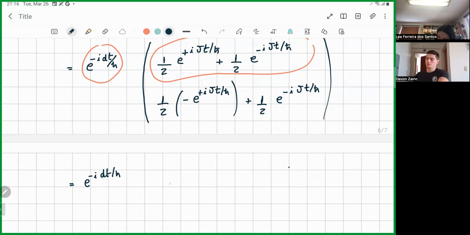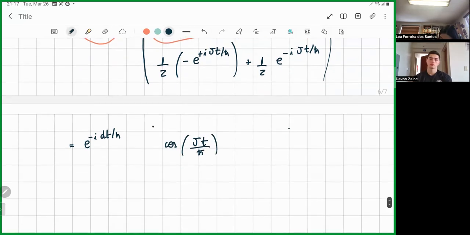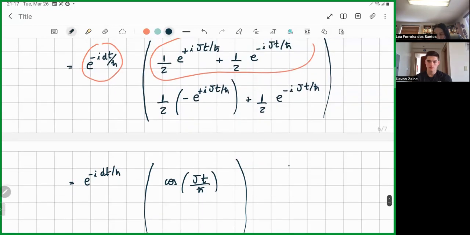So what do we have at the top? Cosine of J t over h bar. Okay, how about the bottom? The bottom looks like a sine, but it's not a perfect sine. Let's remember what a sine is. Sine of theta is e to the plus i theta minus e to the minus i theta, divided by 2i. We have the 2 there, but we don't have i, so I'm going to put i here and here.